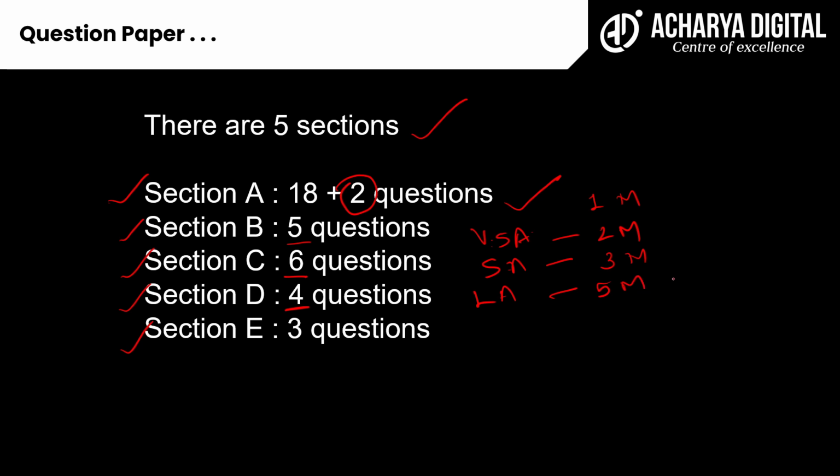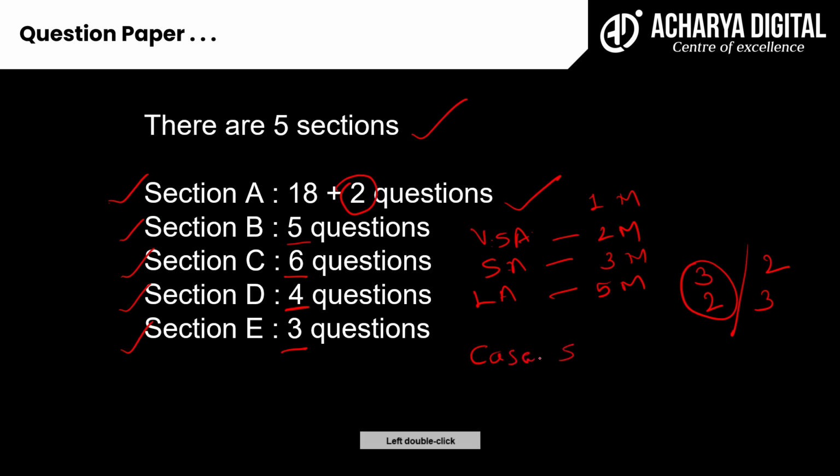So either one example will carry complete 5 marks, or in one example there will be 2 sub questions. First sub question for 3 marks, second for 2 marks, or first one is for 2 marks, second one is for 3 marks. So total there will be 5 marks for one question. Section E is having 3 questions and this is case study based question, right?